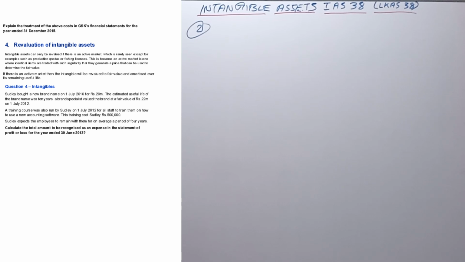Subsequent expenditure incurred on the product was 8 million, of which 5 million was spent on the functioning prototype and the remainder on getting the product into a safe and saleable condition.